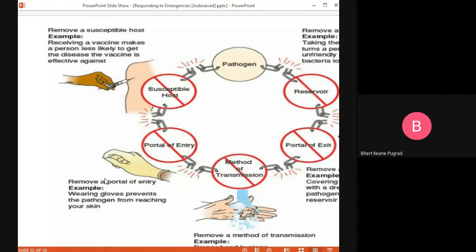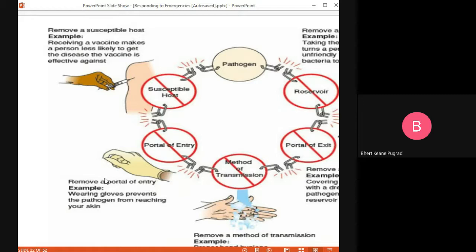Okay, receiving a vaccine makes a person less likely to get infected, if the vaccine is effective against it. Okay? That's why kapag meron tayong chance to receive the COVID-19 vaccine, we should subject ourselves to vaccination.